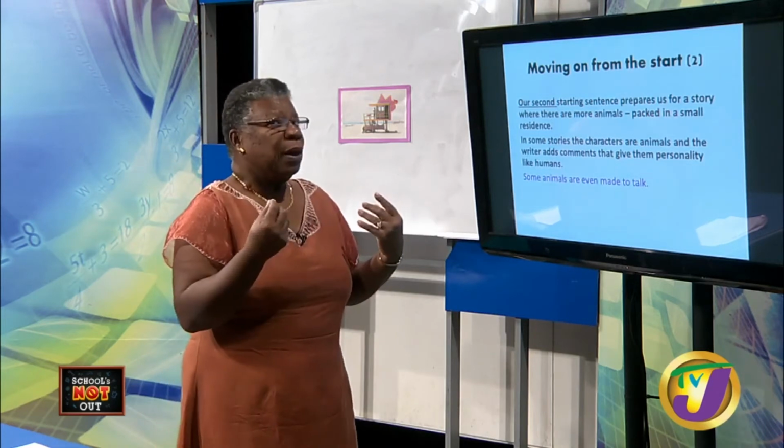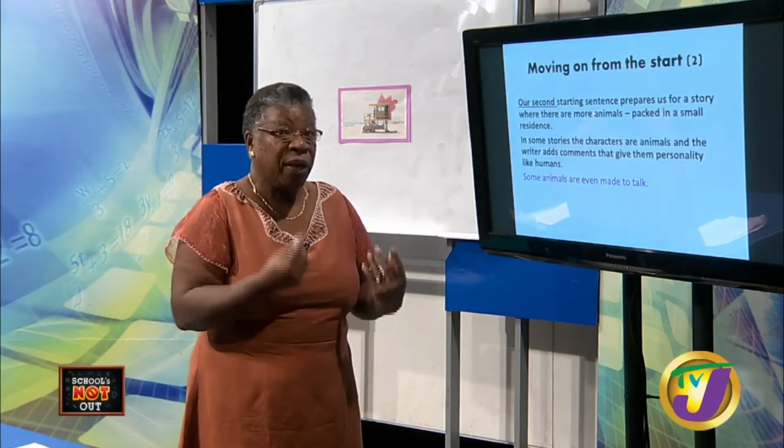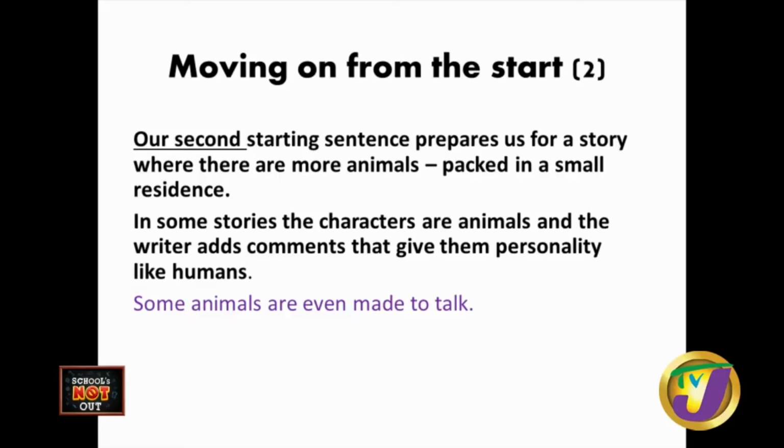And what you are going to focus on is how these animals and humans behave in relation to each other. That's going to be the main focus of that story, right?